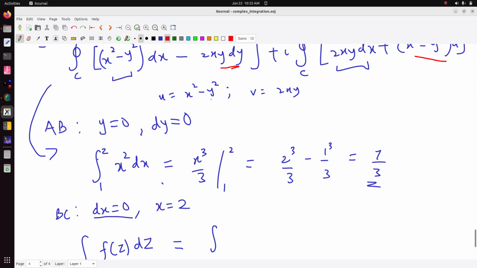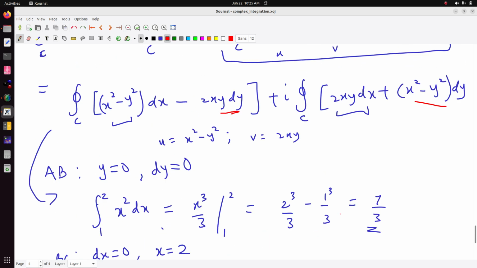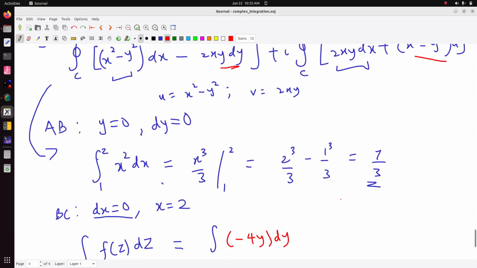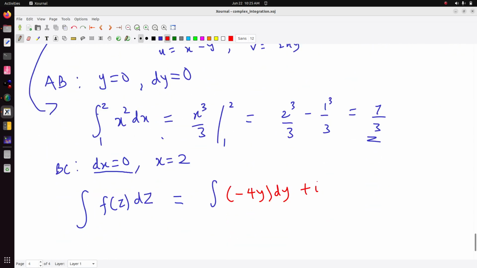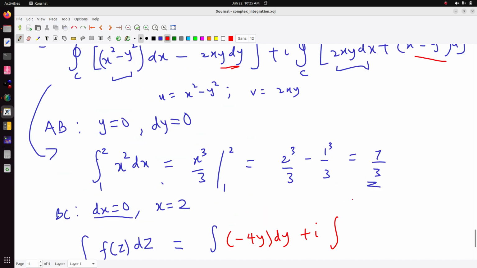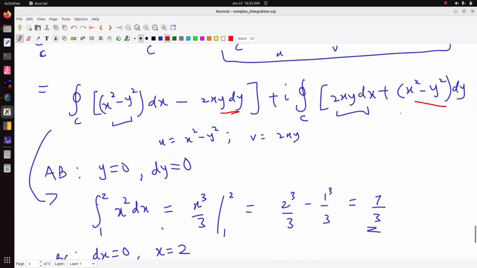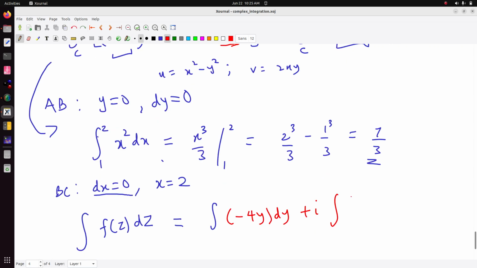So we have minus 2x, which is 2, that will be 4, then y dy, then the other term, x squared minus y squared, so we have plus i integral, x squared, which is 2 squared, that will be 4 minus y squared dy.